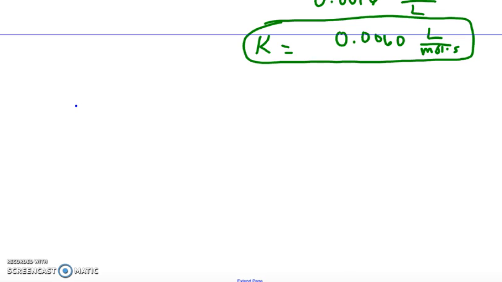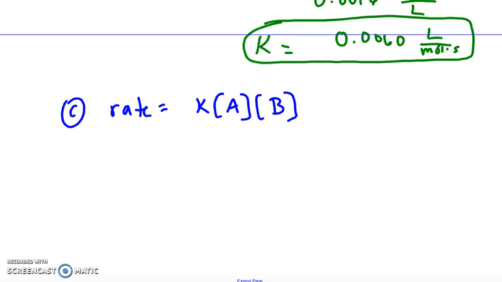So this is where we go back to the original rate law expression, which was rate is equal to K times A times B. Those exponents were both 1s in this case. And now we substitute in these new concentrations, but since we know K, that's going to go in that spot.